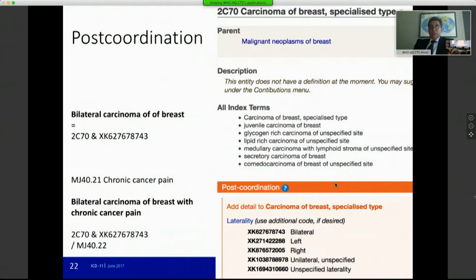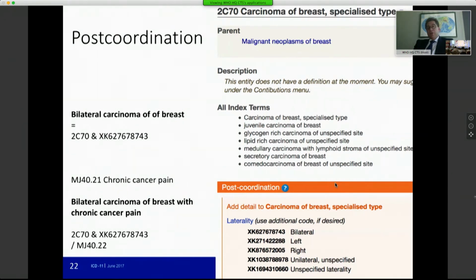And here you see a kind of an orgy of code combinations. I went to the breast cancer, chose the malignant neoplasm of breast, and if you go there in the browser, you will see this red marked post-coordination thing, where at the bottom you have a range of things that you can click through, and one could add, for example, also pain there, meaning if I have a bilateral carcinoma of the breast, the code combination is the one of carcinoma of breast, the 2C70, plus this more complex code for the laterality.